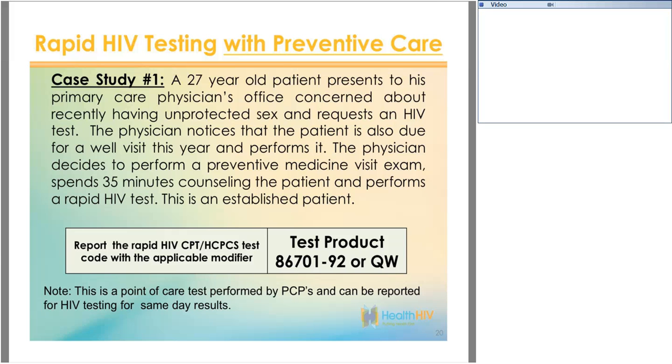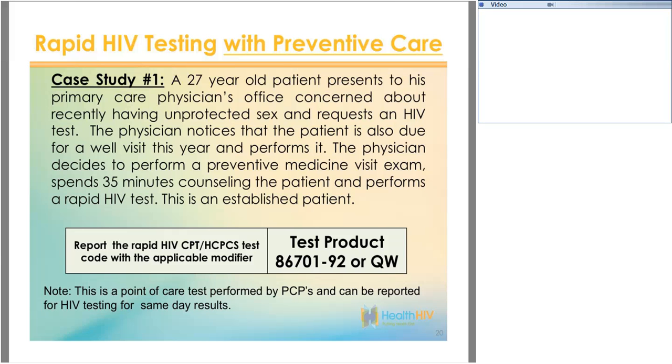So this is an example of a 27-year-old patient who comes to their PCP concerned about recently having unprotected sex, and they request an HIV test. Since the physician notes that there hasn't been a well visit that year, the physician decides to perform a well visit, which is an acceptable process.